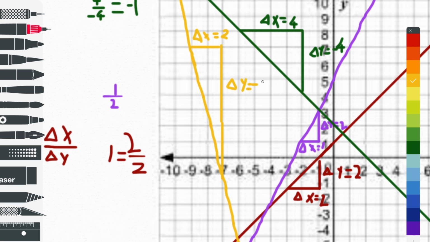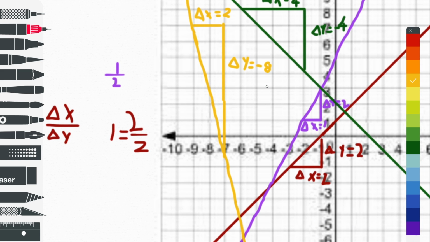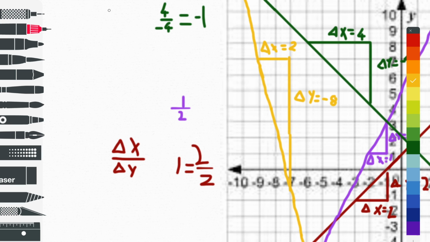Change in y is equal to negative 8. So the change in x over change in y is 2 over negative 8, which is the same as 1 over negative 4.